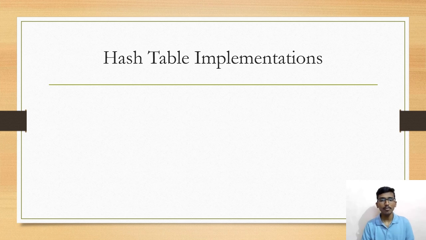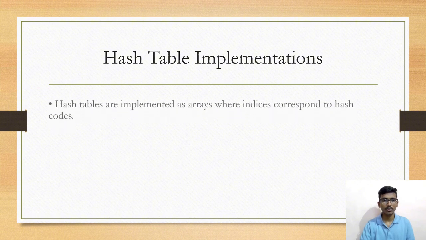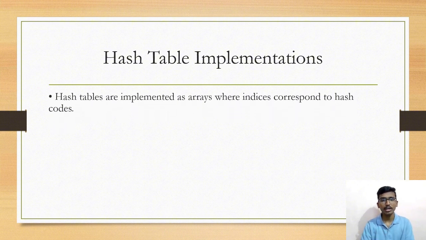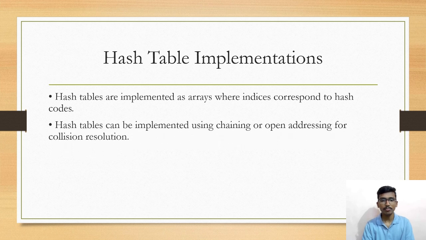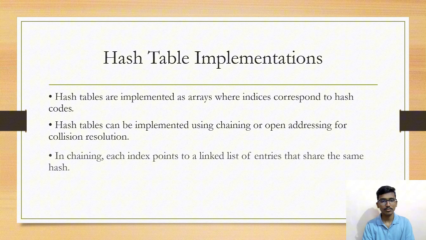Hash table implementations. Hash tables are implemented as arrays, where indices correspond to hash codes. Hash tables can be implemented using chaining or open addressing for collision resolution.